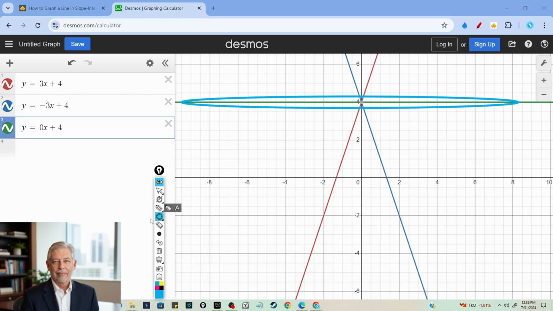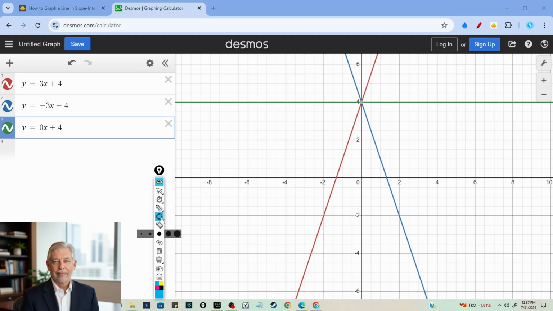It's pretty easy. Now, I could also write this. 0 times x is just 0, right? So I could also just say y is equal to 4, and you see it's the same line.